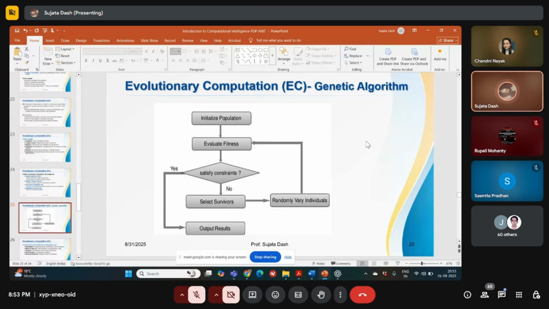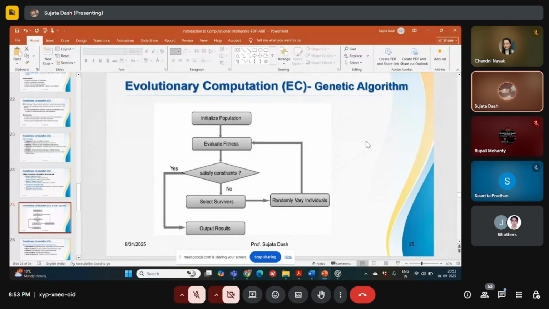For example, in a scheduling problem, it could inform how well a timetable avoids class clashes. But if we apply it in an optimization problem, then we could find how close a design is to the ideal solution.